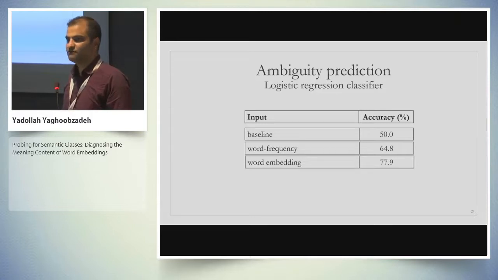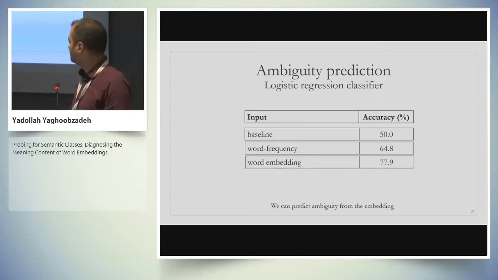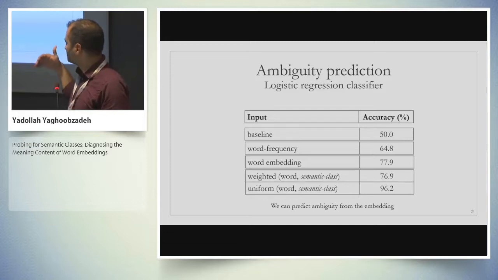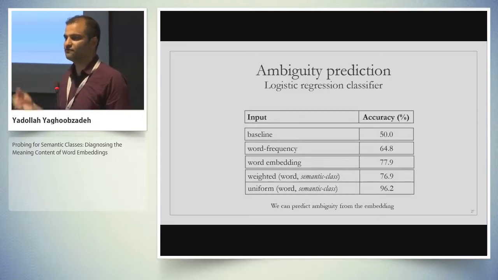And if we use word embeddings, we get almost 78% accuracy. So we can actually say that we can predict ambiguity from the embedding. If you have an embedding, you can predict with very high accuracy if this embedding is for an ambiguous word or not. This is similar for weighted and much higher for uniform. So uniform basically keeps all the information about all the meanings.